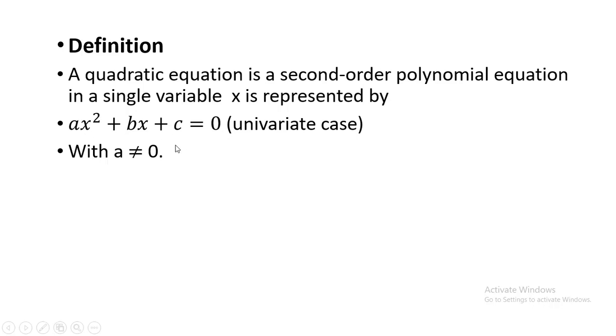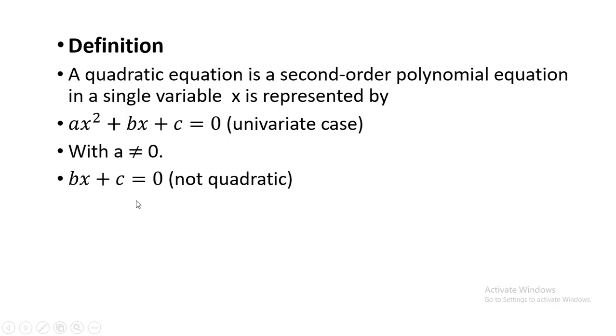Now suppose I substitute a equals 0 in this equation, what will be the result? This term will become 0, because anything multiplied by 0 is 0. The remaining would be bx plus c. As you can see, it is an equation, but it's not a quadratic equation.